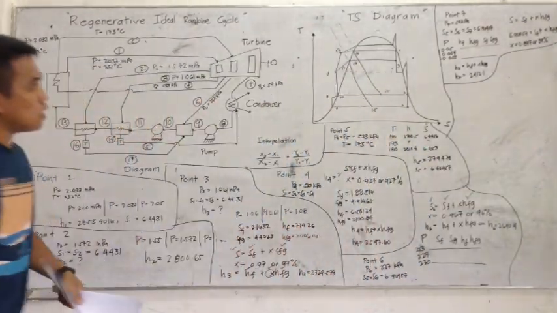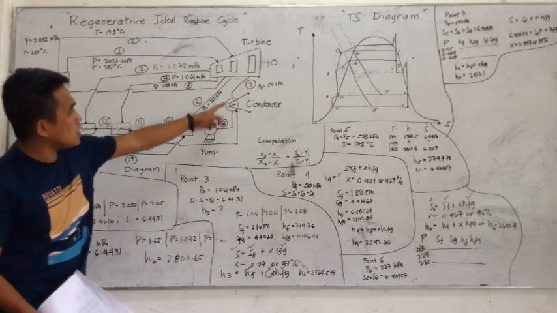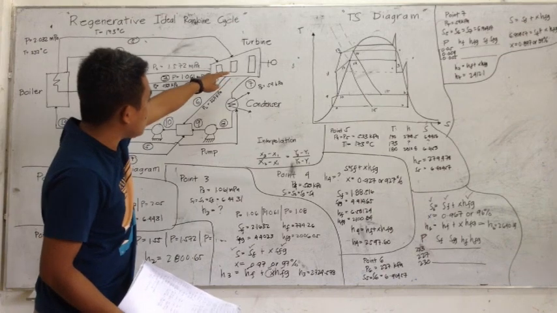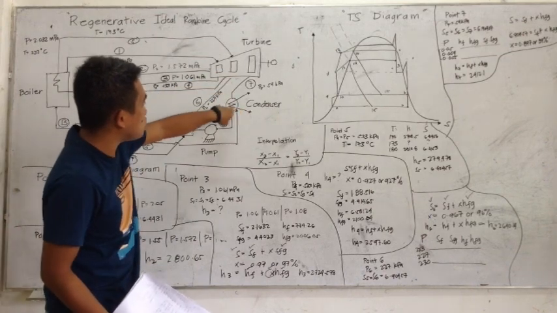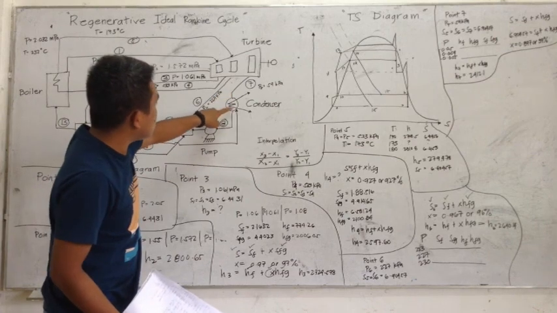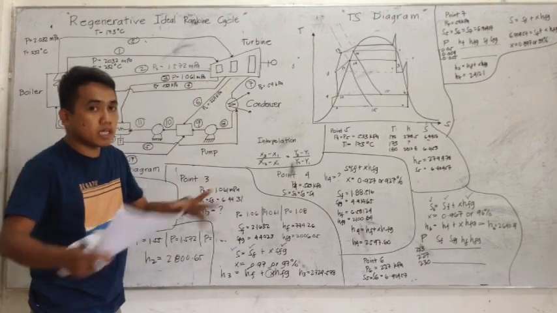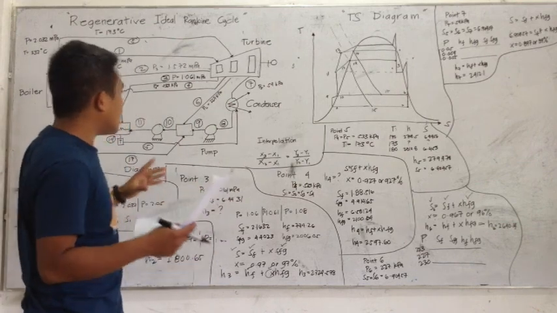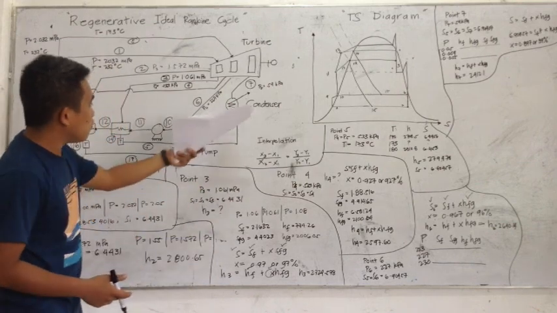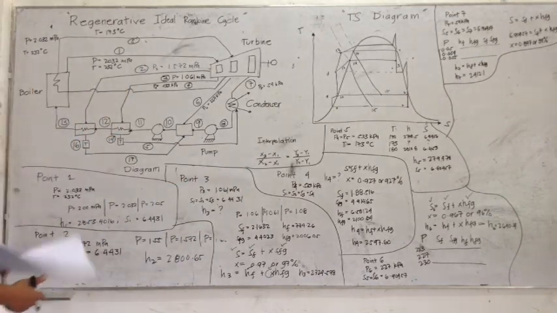Back in our diagram, from the turbine, it releases high power and goes into the condenser. The liquid enters the condenser, and it condenses the liquid. So the excess liquid water will be delivered into the pump and goes into the boiler.